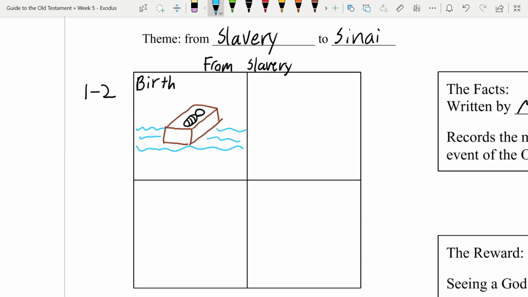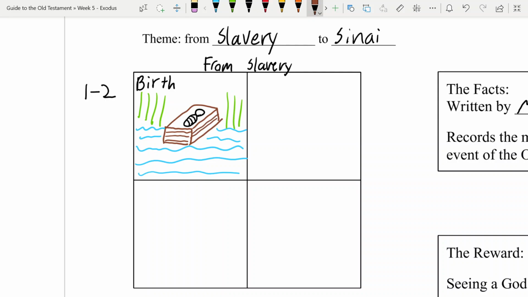And the word used for basket here is very unusual because it's the same word used for Noah's Ark. So it's almost like Moses is doing a little reenactment here of the story of Noah being saved through the waters of death in an ark. And so God rescues Moses, and he's taken by Pharaoh's daughter out of the Nile and eventually goes to live in Pharaoh's house.